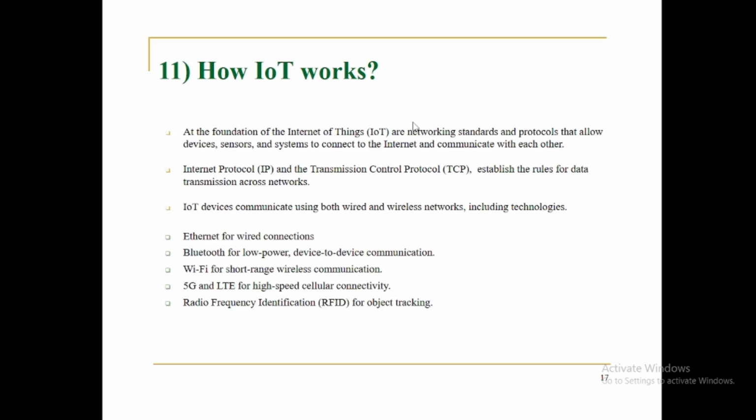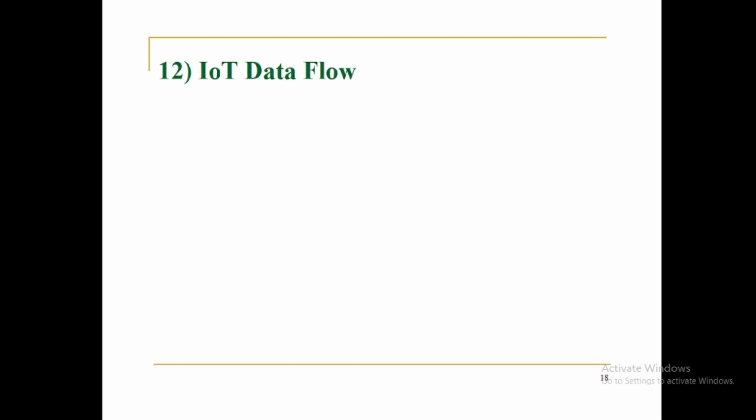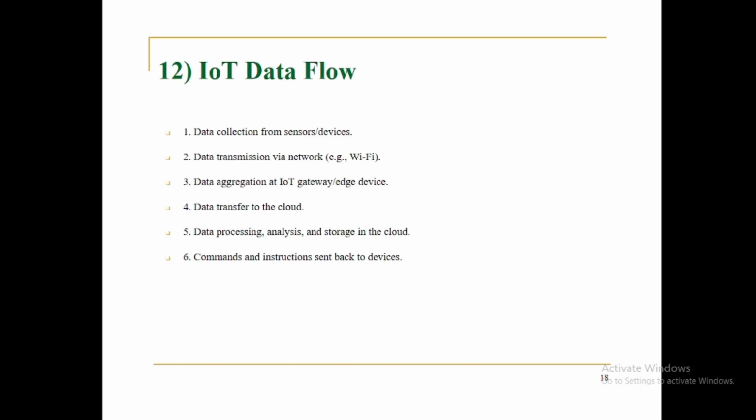Before diving into the project, first let's understand how IoT devices work. IoT devices communicate using both wired and wireless networks. For example, Ethernet for wired connections, and Wi-Fi, Bluetooth, and RFID for wireless communications. Typically, IoT devices connect to an IoT gateway or an edge device.